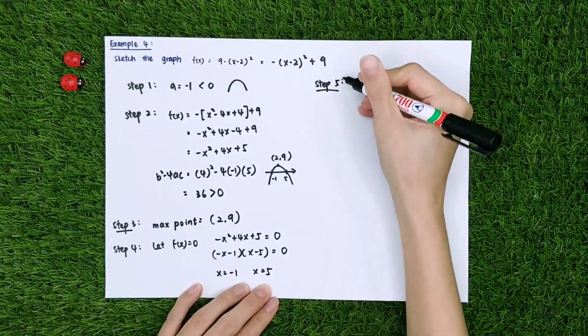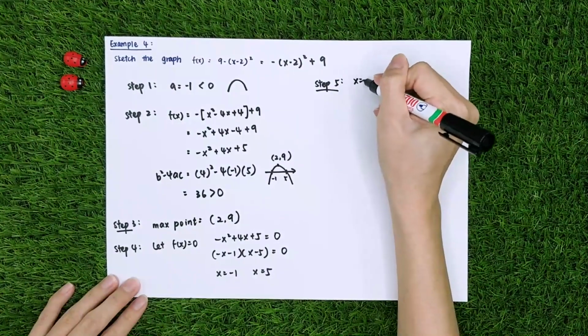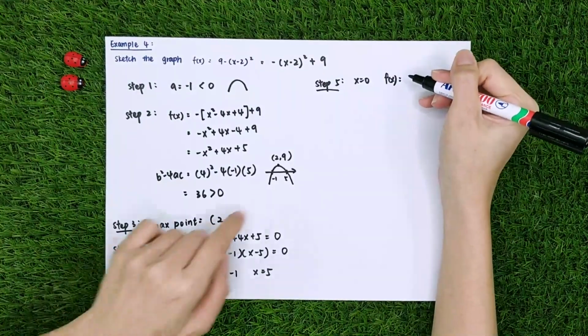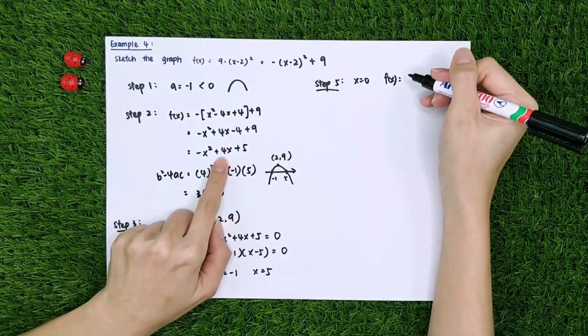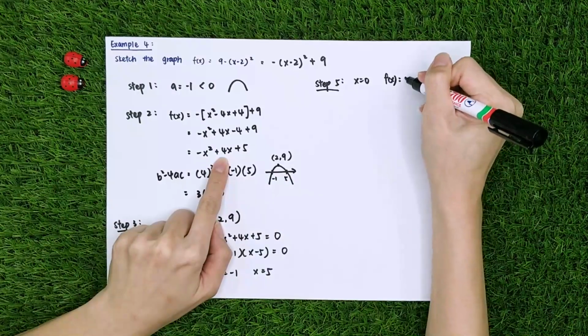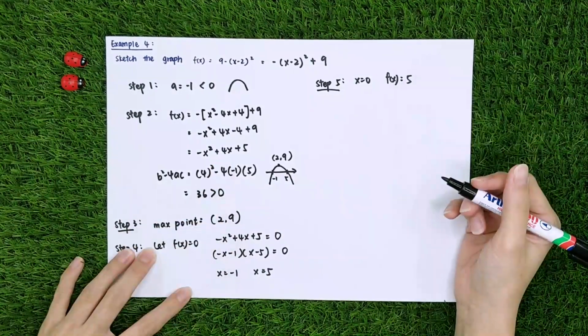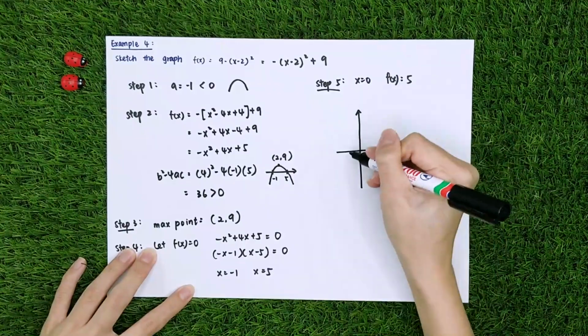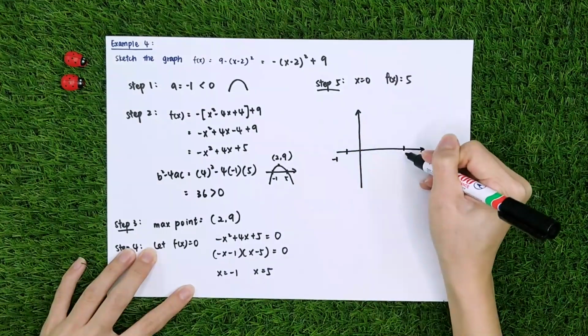In step 5, I will let x equal 0 to find my f(x) value. After I substitute x = 0 into the equation, I get f(x) = 5. Now I can sketch my graph. Please remember to draw your graph using a ruler. This is −1, this is 5.